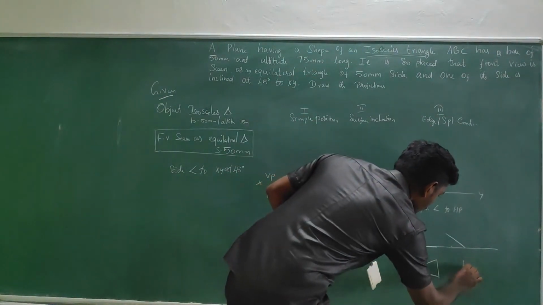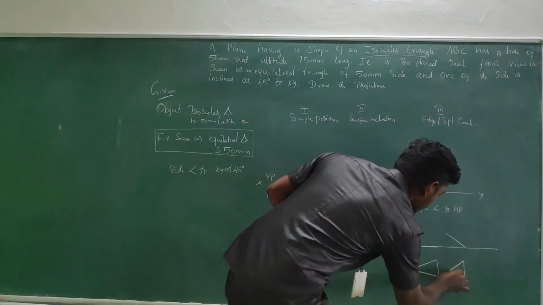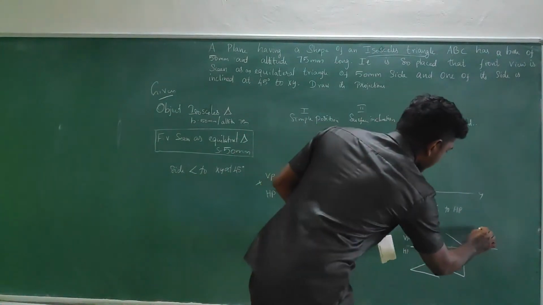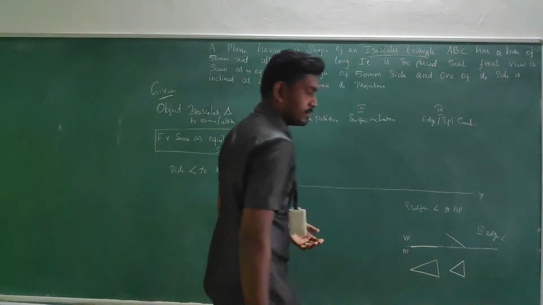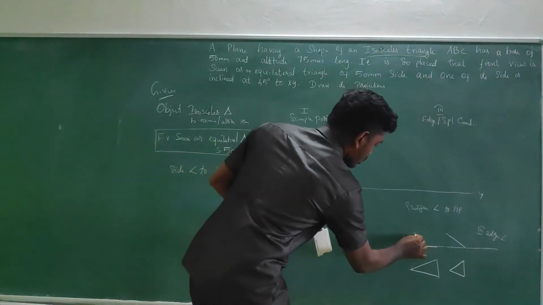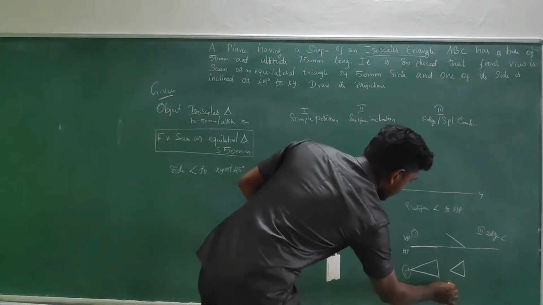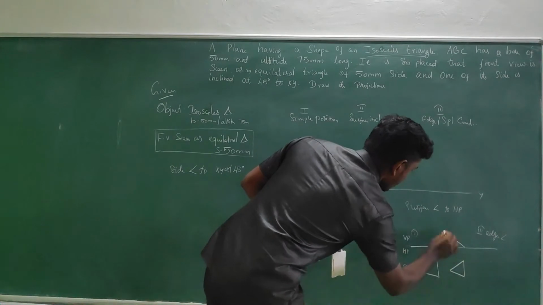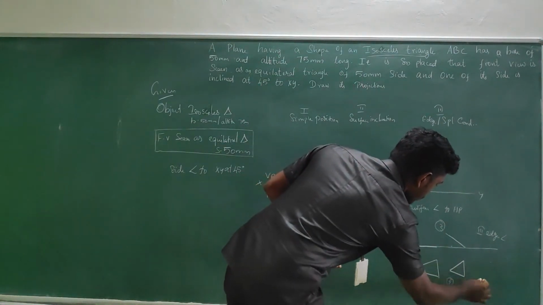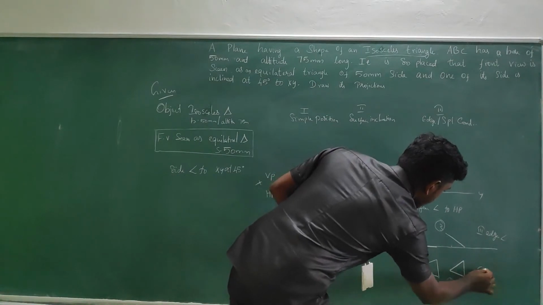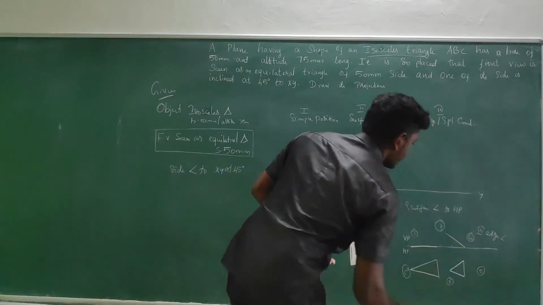And in the top view, you may get the diagram like this. And next, in the third stage, you will be showing the edge inclination, right? So this would be first, second, third, fourth, here you will get the fifth, and here the sixth diagram.